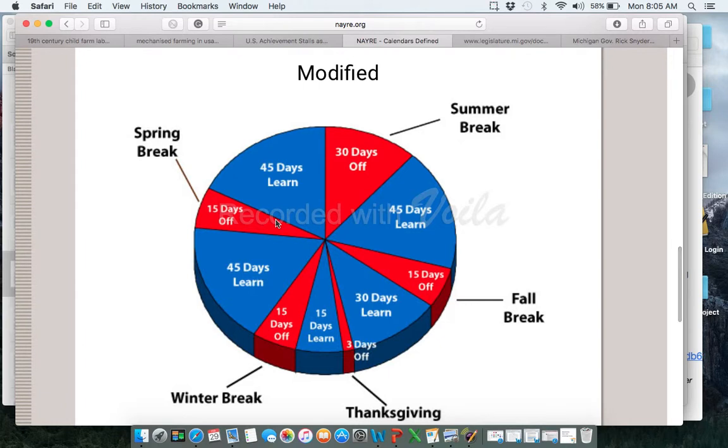The modified or balanced calendar is shown here. This is the 45-15 model, which is the most common manifestation of the balanced calendar. Summer break is still a reality. However, the number of days are reduced, and you can see there are more consistent learning periods and recess periods.